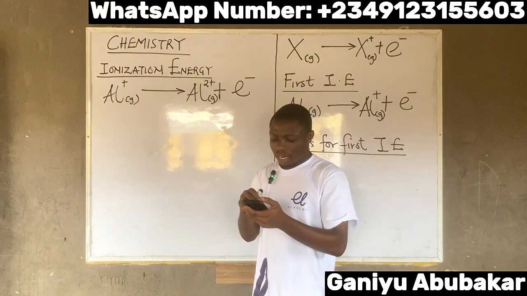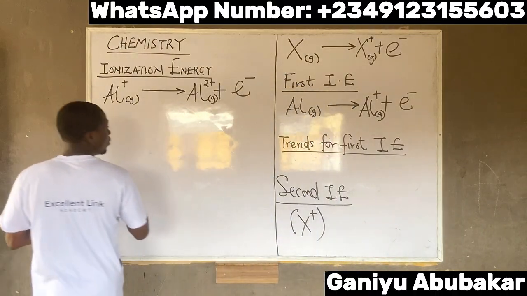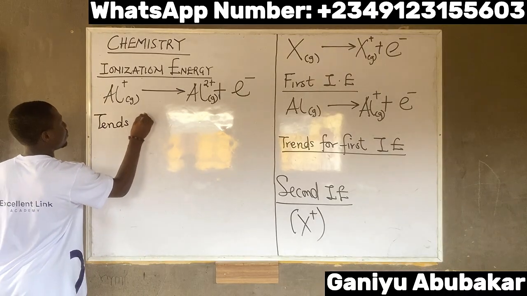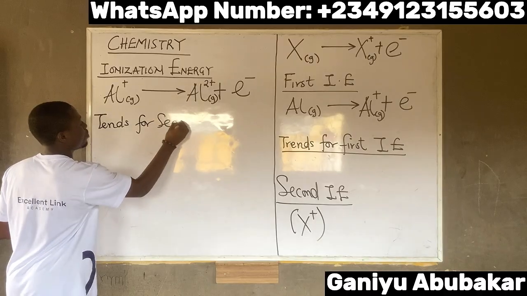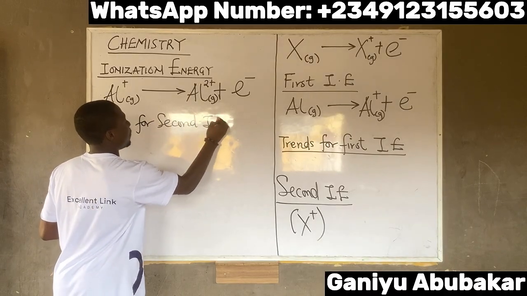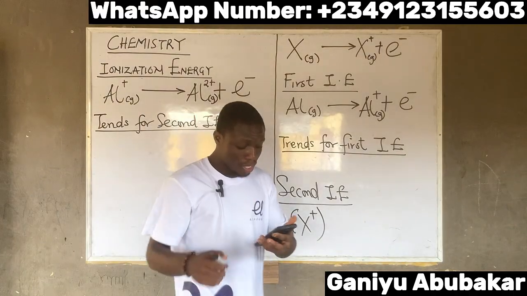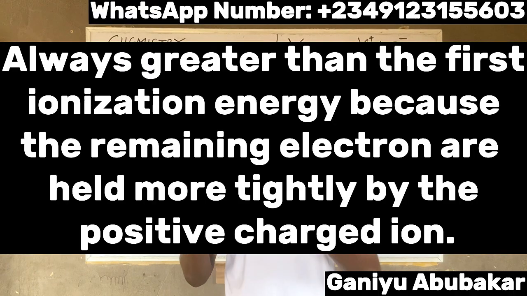So moving on, the trends for second IE. The second IE is always greater than the first IE because the remaining electrons are held more tightly by the positive charge ion.